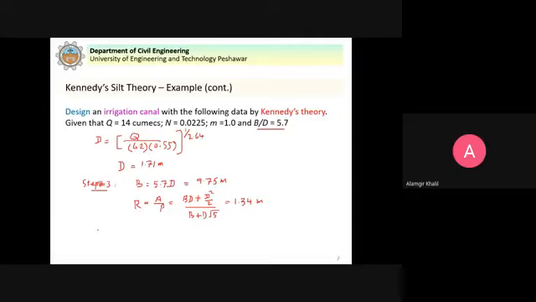Step number 4 is to calculate the velocity using Kennedy's equation. So V is equal to 0.55 m into D power 0.64.